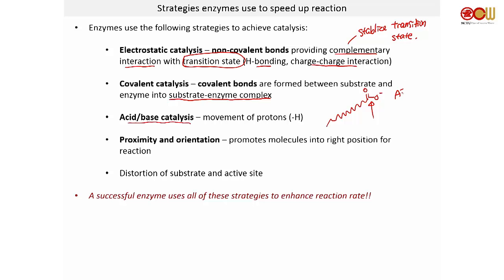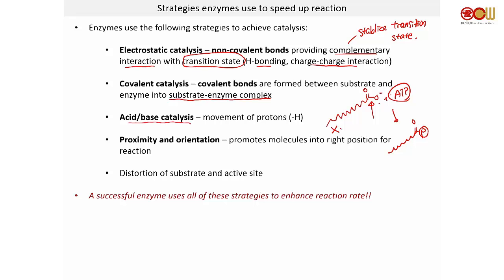Let's say I'm going to use ATP with fatty acid, and I'm going to turn that into fatty acid phosphate, something like that. Now, ATP has to be on this side, not on this side, right? It makes sense. Orientation matters. So enzymes can also increase the rate simply by putting the substrates next to each other.